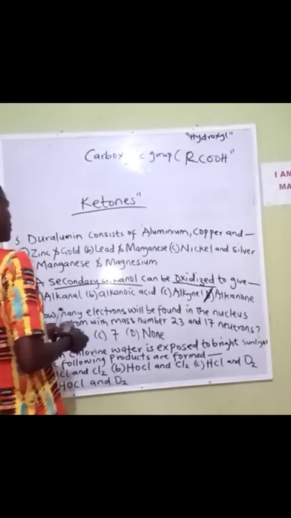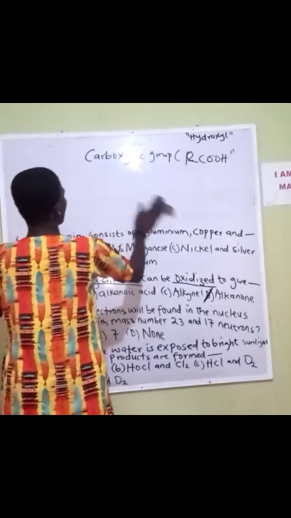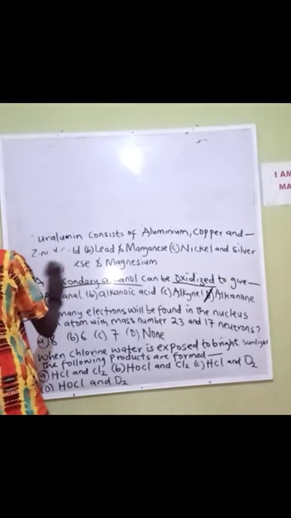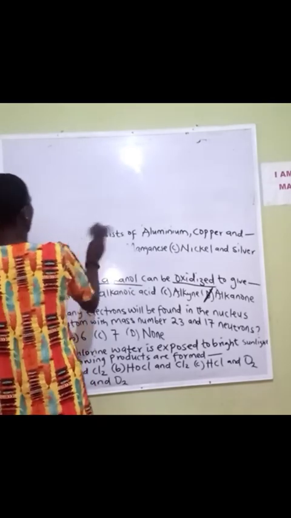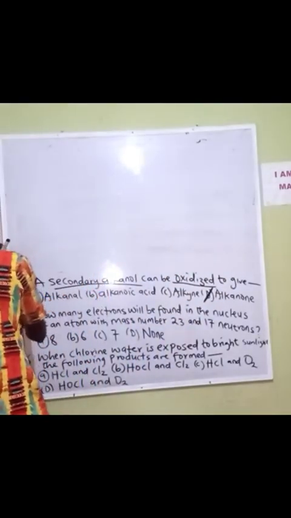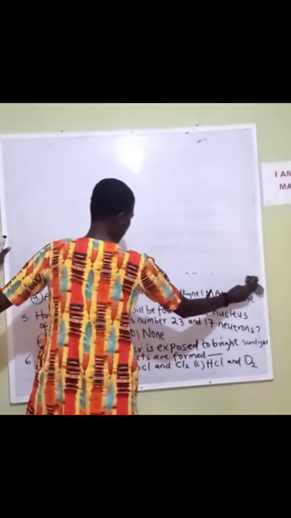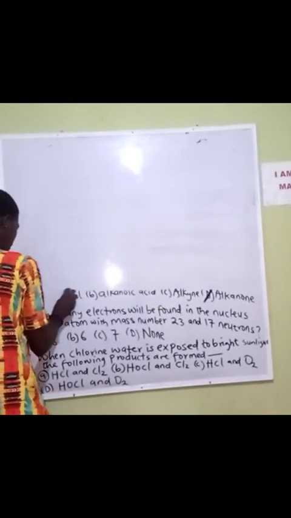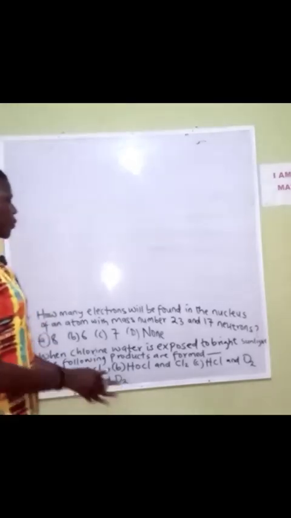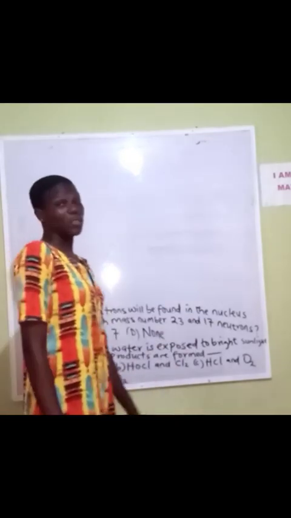Now the next question says, how many electrons will be found in the nucleus of an atom with mass number 23 and neutrons 17.